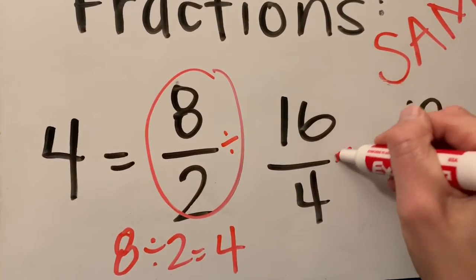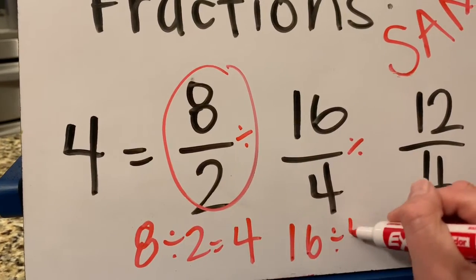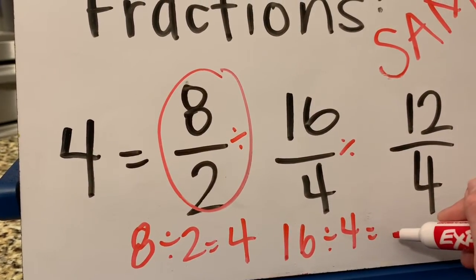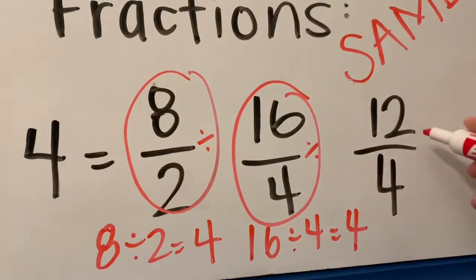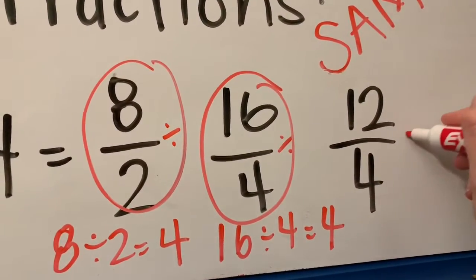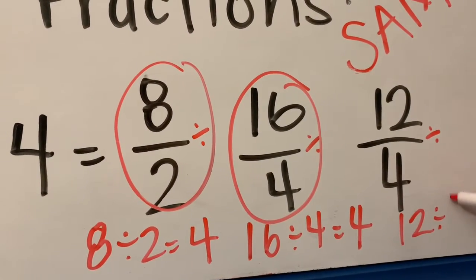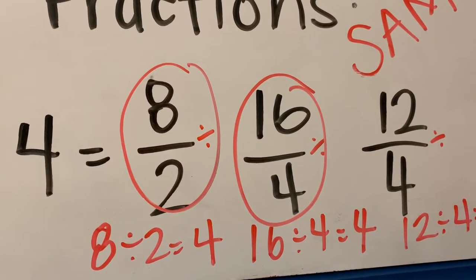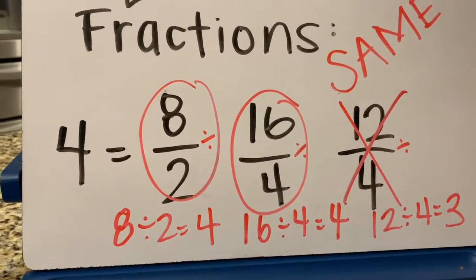Going to the next one, again, that line is going to equal a division sign. So I would say 16 divided by 4 is equal to 4. So again, this one would work. And if I was looking at this third fraction, remembering that that line means to divide, I would say 12 divided by 4 is equal to 3.